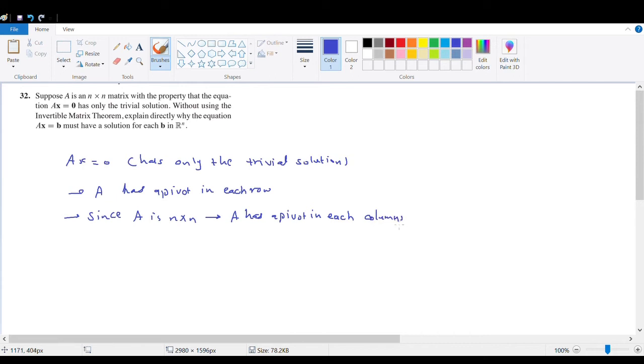So now if A has a pivot in each column, that means Ax equals b has a solution for each b in Rn. This is, we can say, using theorem 4 from section 1.4.